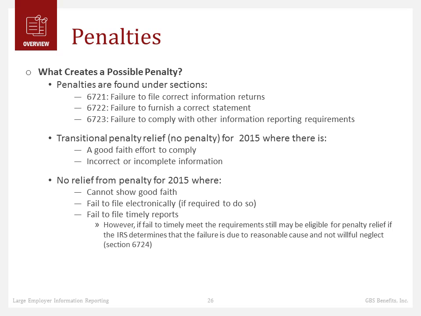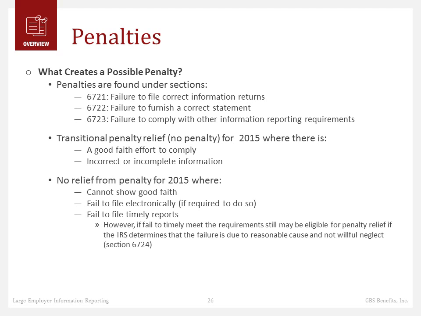So there is transitional relief for this year only, which means basically that the IRS will not be doling out penalties for those who make a good faith effort to comply this year, even if they have incorrect or incomplete information on the forms. This is not a reason to say, oh, I'm just going to not try very hard and I'm just going to throw some forms in there and be done, because you do actually have to show a good faith effort, and there's specific rules about what you need to do in order to show good faith.